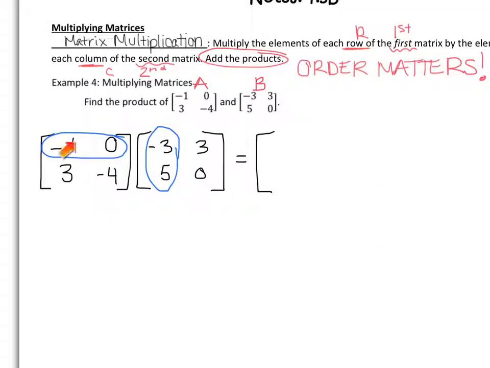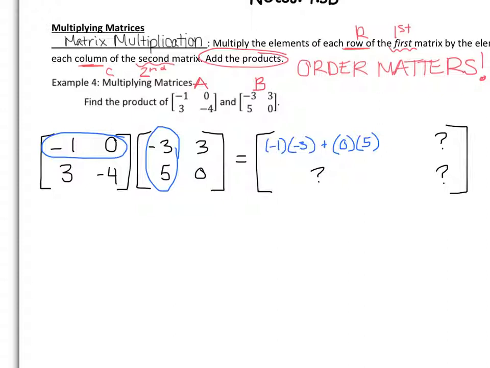We will take -1, the first element, and multiply it by the first element over here. So -1 times -3, and then we'll add it to the next one, which is 0 times 5. That gives us just one element. Everything else we haven't done yet, so I'm going to leave that as question marks.